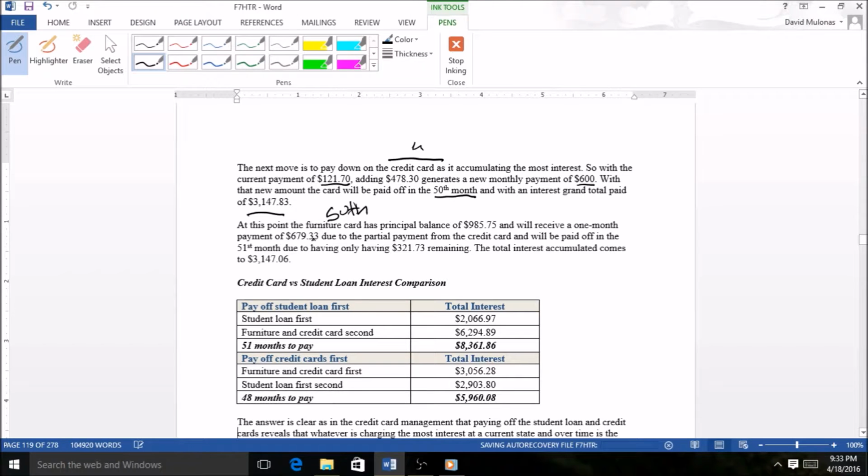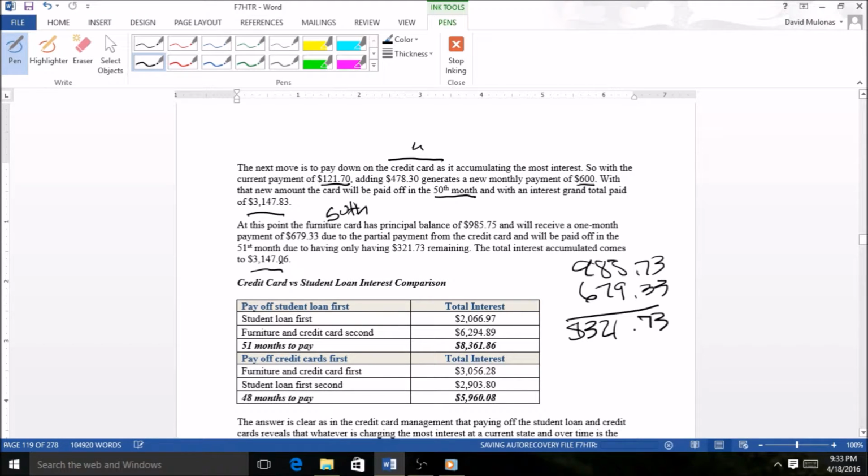But because of $679 less $985.73, it leaves $321.73. So in the last month, in this 51st month, it'll be paid off with some change left over. And then here the interest came out to almost the same as the other card, $3,147.06.